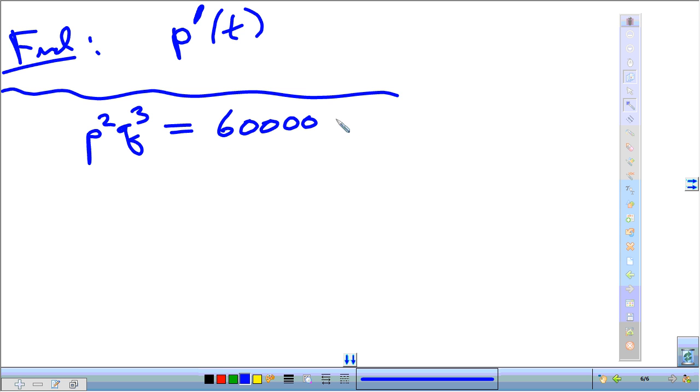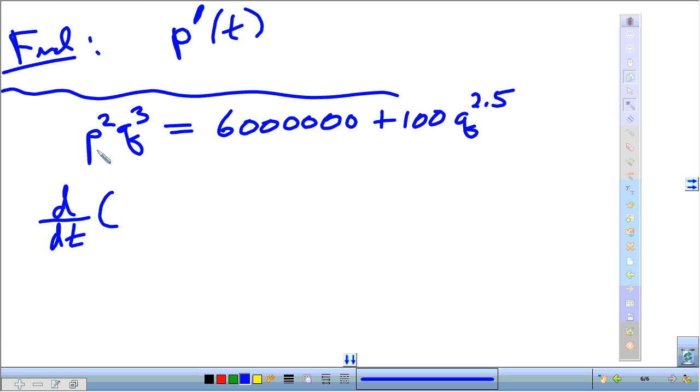So our P squared Q cubed equals 6 million plus 100Q exponent 2.5.